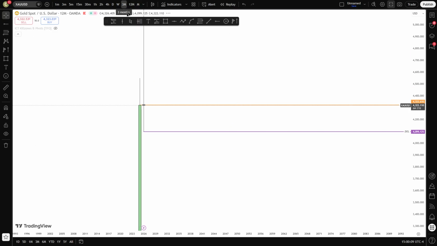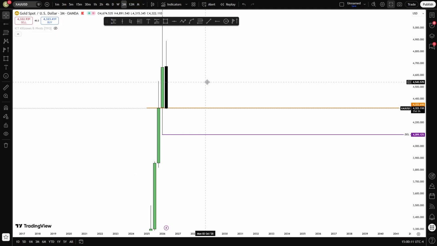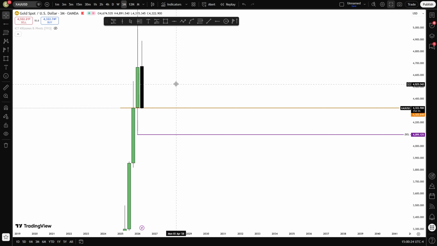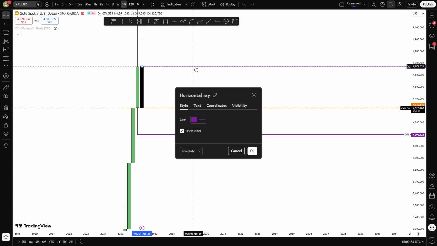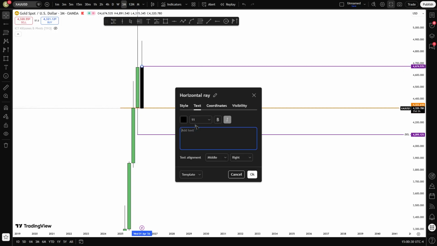Now we go to the 3 months. 3 months are basically quarterly. 3 times 4 equals 12. We have 12 months in the year. Yeah, so in 2026 we have 2 quarters. We have this Q2 2026 open.